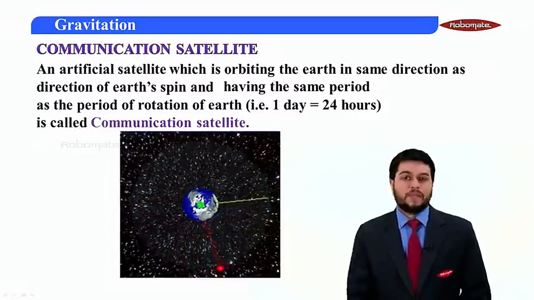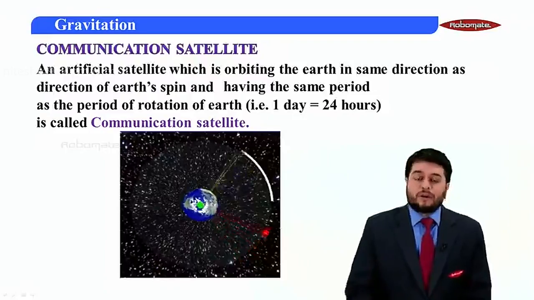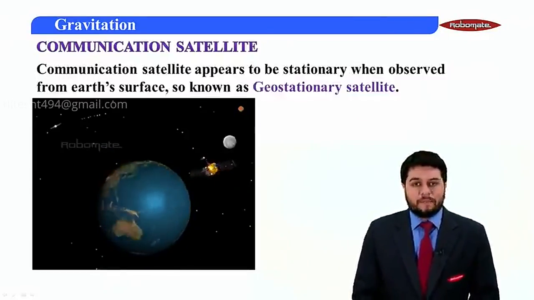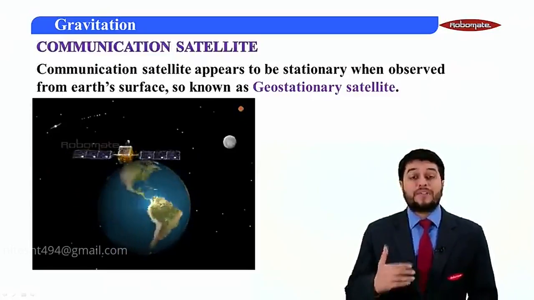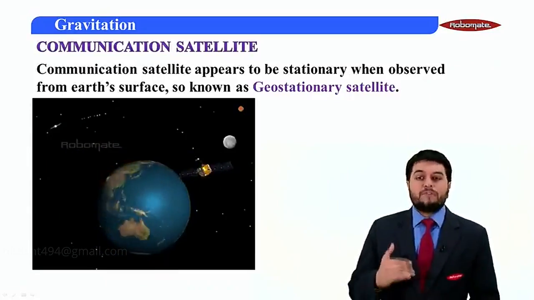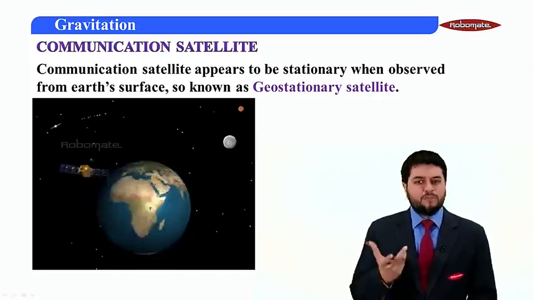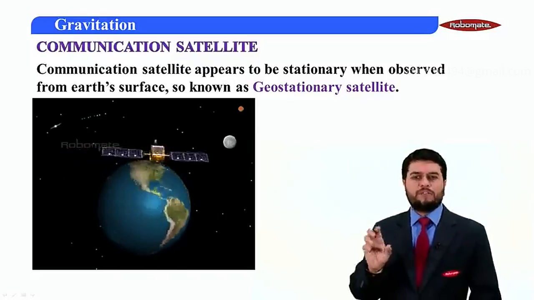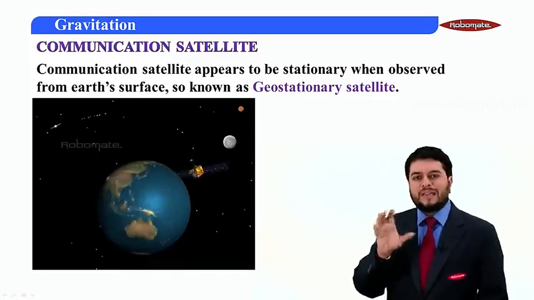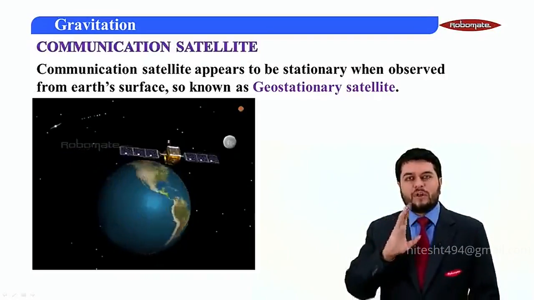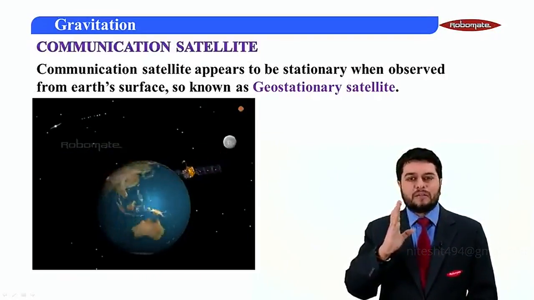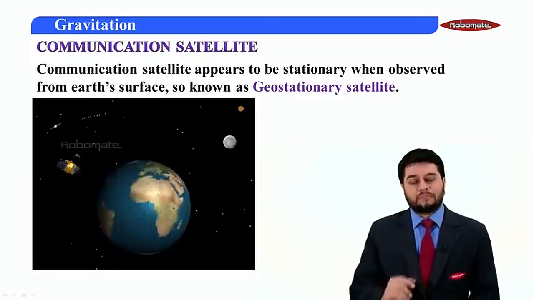Now students, talking further about communication satellite, just remember that a communication satellite always appears stationary when observed from the Earth's surface as it is moving along with Earth. Suppose you are in Northeast Asia, then with respect to Northeast Asia, you'll always find the satellite at a fixed point in the sky.